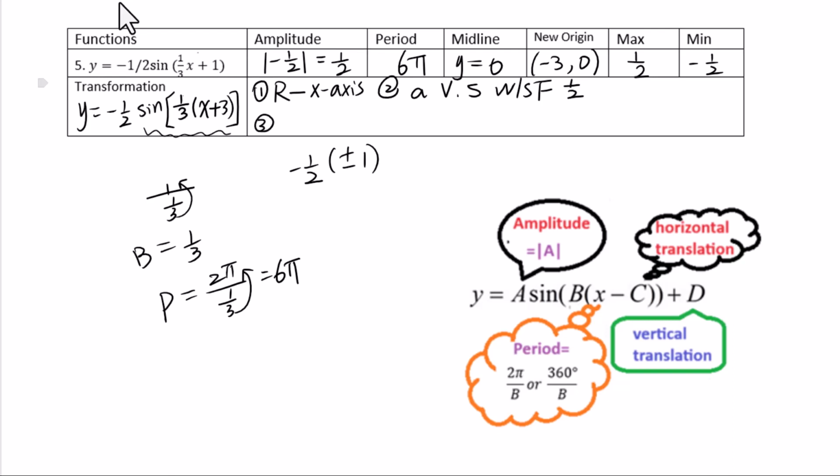Third step, 1 over 3 is a horizontal stretch with a scale factor of the reciprocal of 1 over 3, which is 3. The fourth step, a horizontal translation to the left, 3 units.